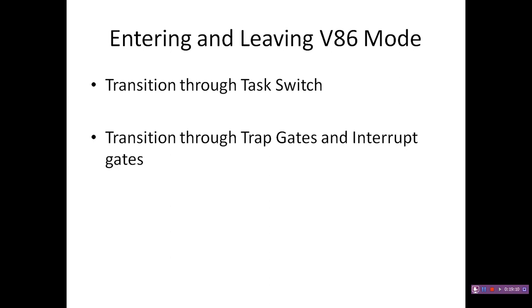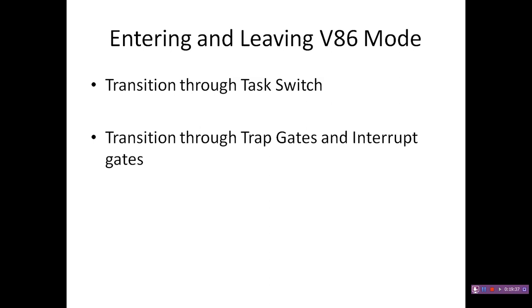The IDT entry for an interrupt or exception that occurs in a V86 task must contain either a task gate or an 80386 trap or interrupt gate. Interrupts and exceptions that have an 80386 trap or interrupt gate in the IDT vector to the appropriate handler procedure at privilege level 0.